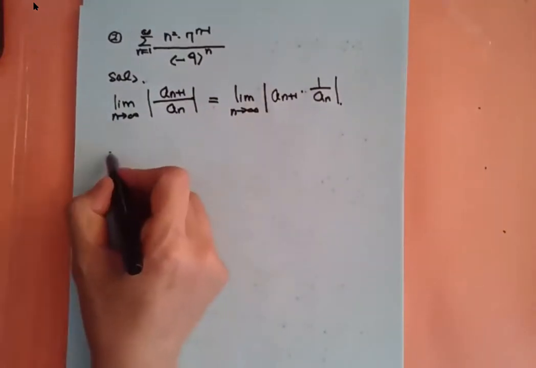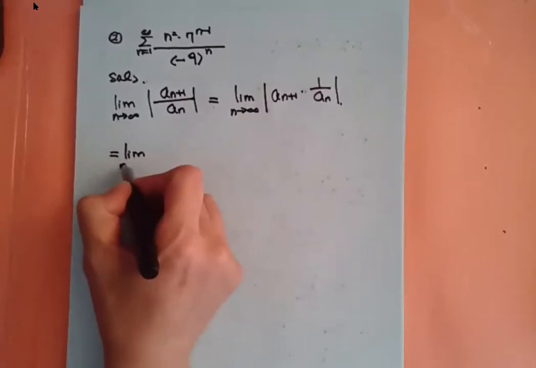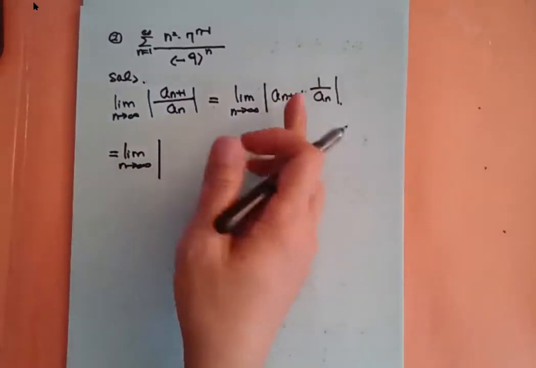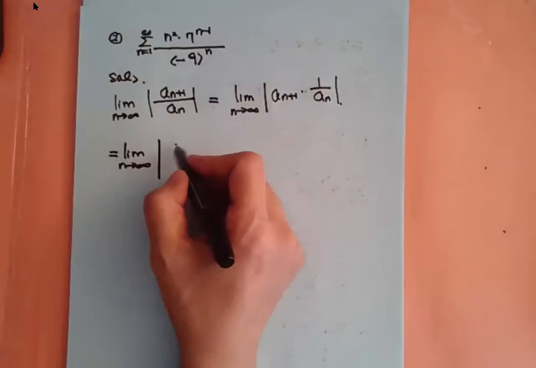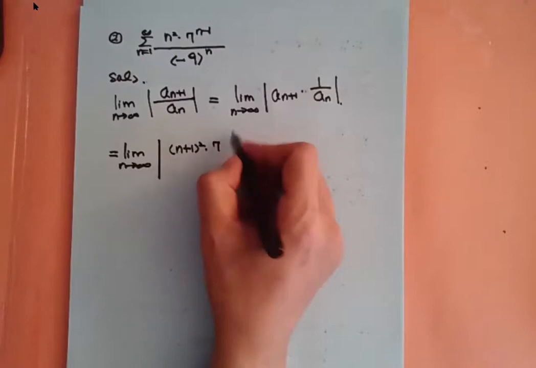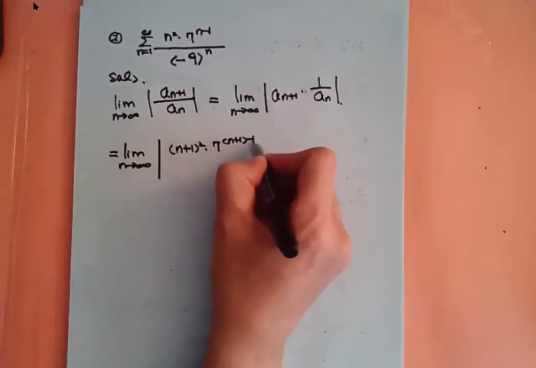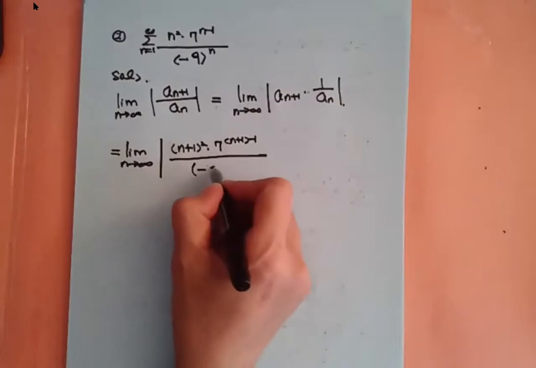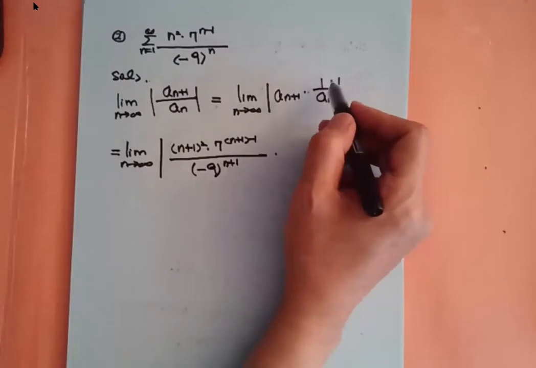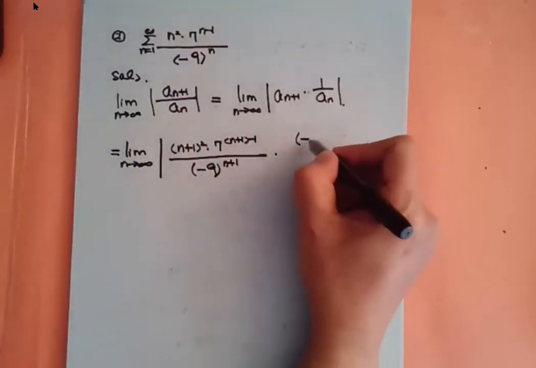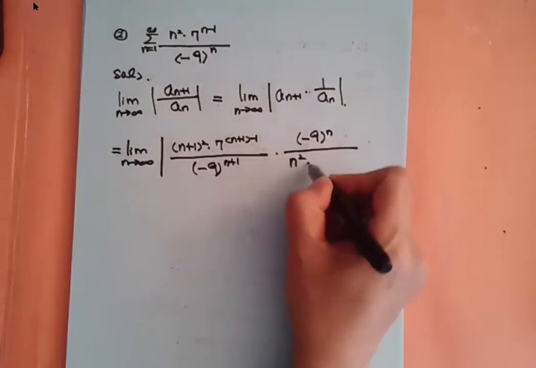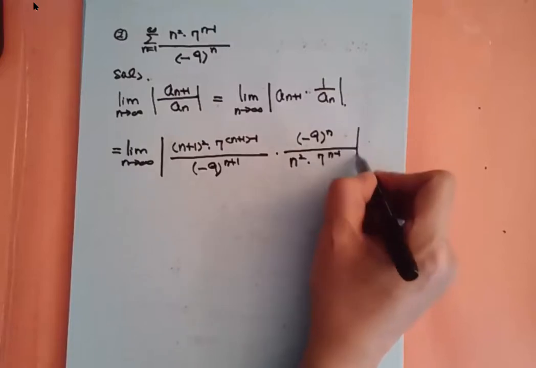And so that equals the limit as n goes to infinity of the absolute value of a sub n plus 1, so (n plus 1) squared times 7 to the (n plus 1 minus 1) over negative 9 to the n plus 1. And then 1 over a sub n, so we just flip it, then that becomes negative 9 to the n power over n squared times 7 to the n minus 1 power.